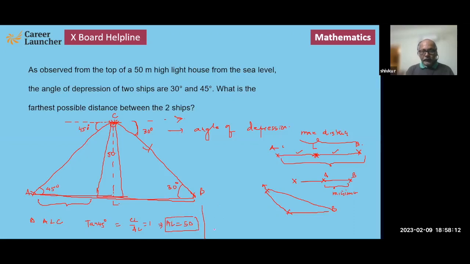Similarly, in triangle CBL, tan 30 degrees is equal to opposite side, that is CL, by adjacent side, that is BL, इससे आएगा कि BL का वैल्यू जो है CL by tan 30, which is equal to √3 into 50.